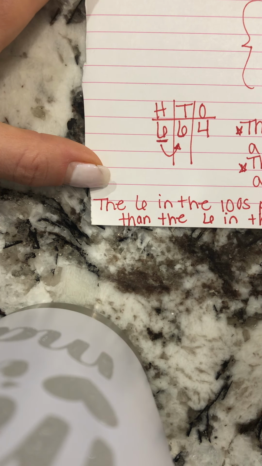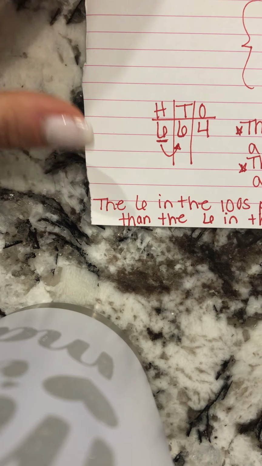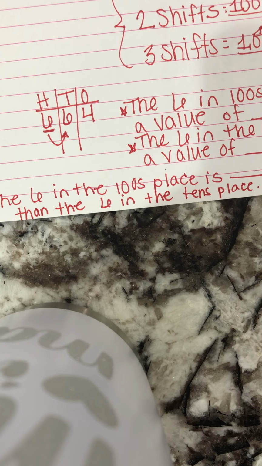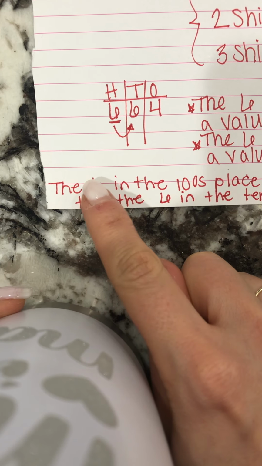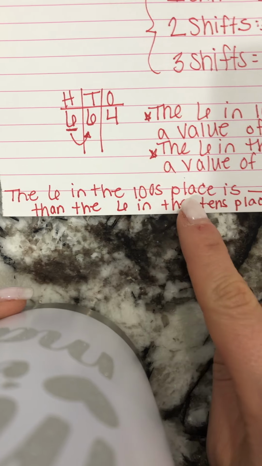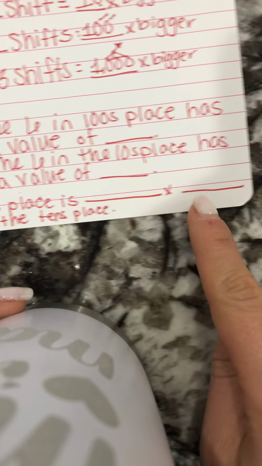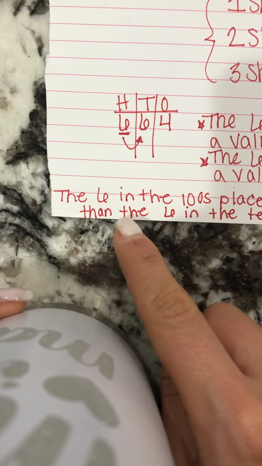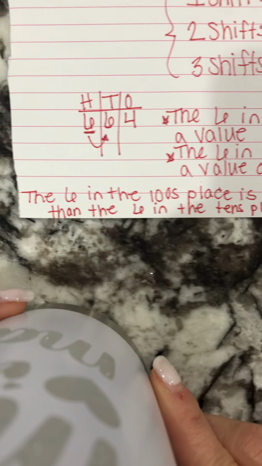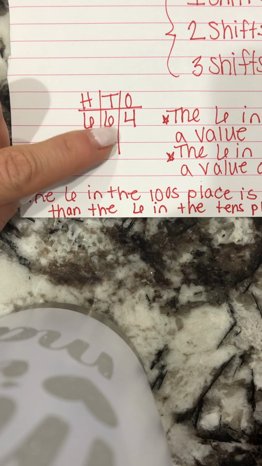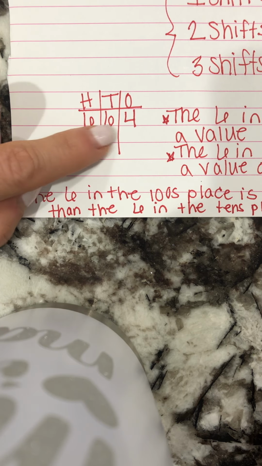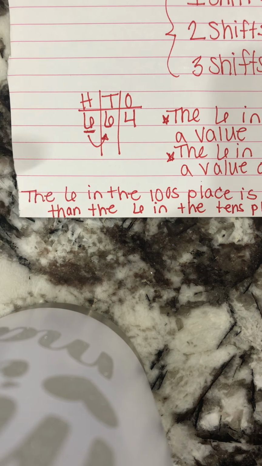And for today, we're not going to work on the because. For today, we're just going to practice figuring out how many times greater or less. So let's reread this. The 6 in the hundreds place is blank times blanker than the 6 in the tens place. This 6 compared to this 6. We're trying to find their relationship.